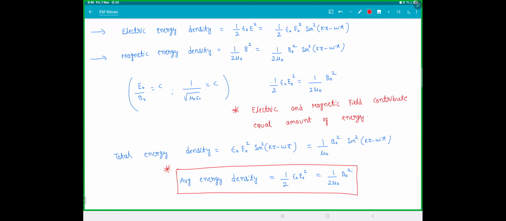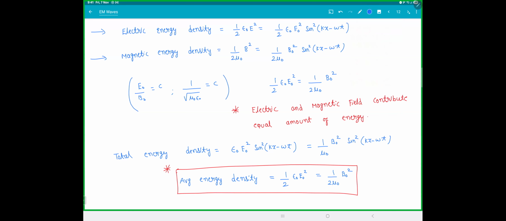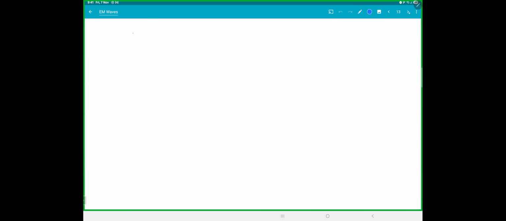Now this you can modify a bit. Now what is energy density? Energy density is energy per unit volume. So if I take this thing to be half epsilon E naught square, this can be written as volume is A into dx.